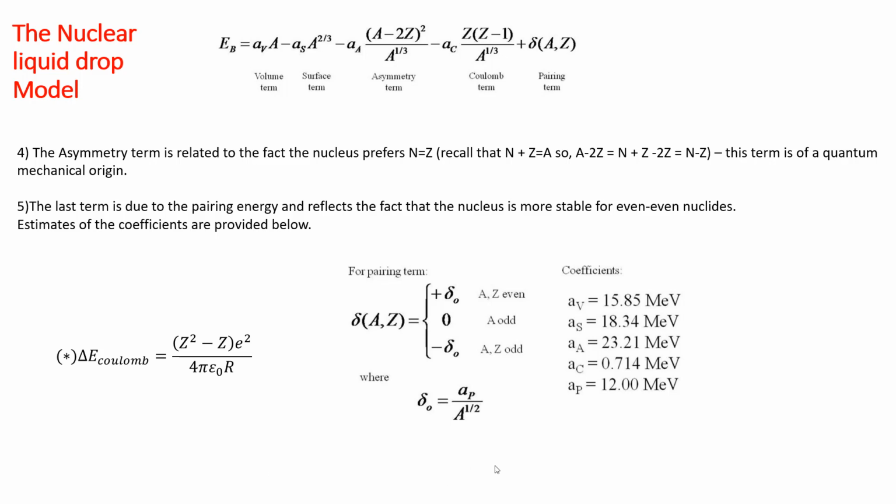So here are the estimates of all the constants. That's pretty remarkable. We even have an estimate for the delta term here, that's a sub p, divided by the number of nucleons to the 1/2 power.